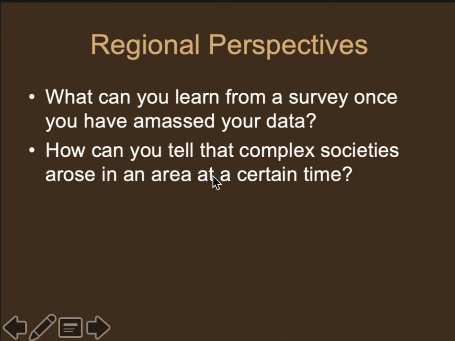If you were doing something like this for trying to figure out if a chiefdom rose or if a state arose, what you could do is you could look at the survey data. So if you surveyed an area from a certain time period and you found multiple villages of about 100 people each, all the villages are the same, you would say that that's probably a big man society.